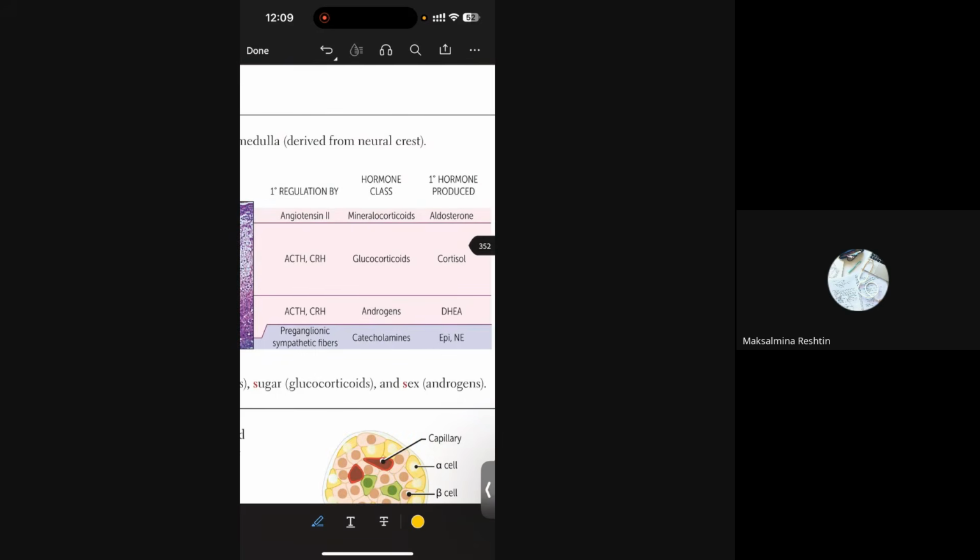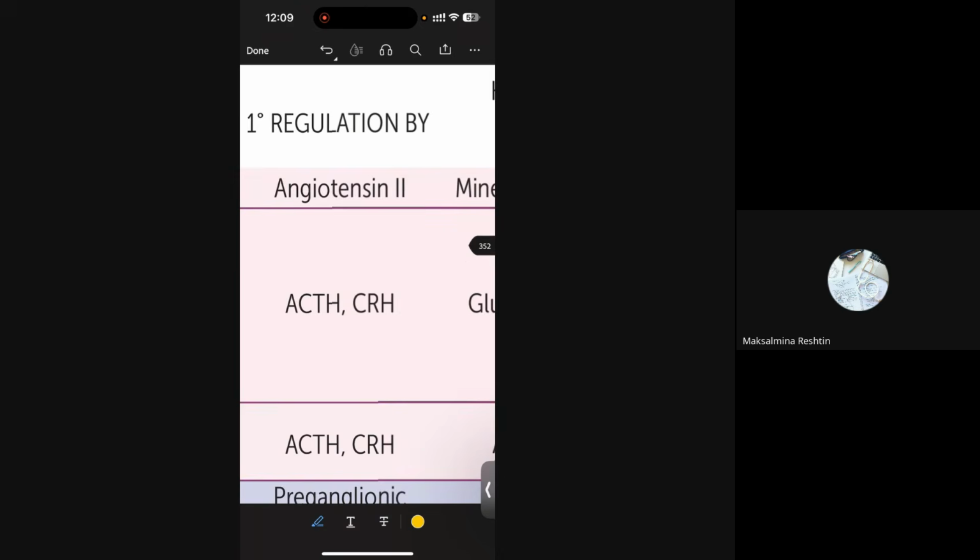But aldosterone is not going to be increased, because it is not regulated by ACTH, it is regulated by angiotensin 2. Remember this difference. If the main pathological site is in the pituitary or at an ectopic site, then aldosterone is not going to be high.